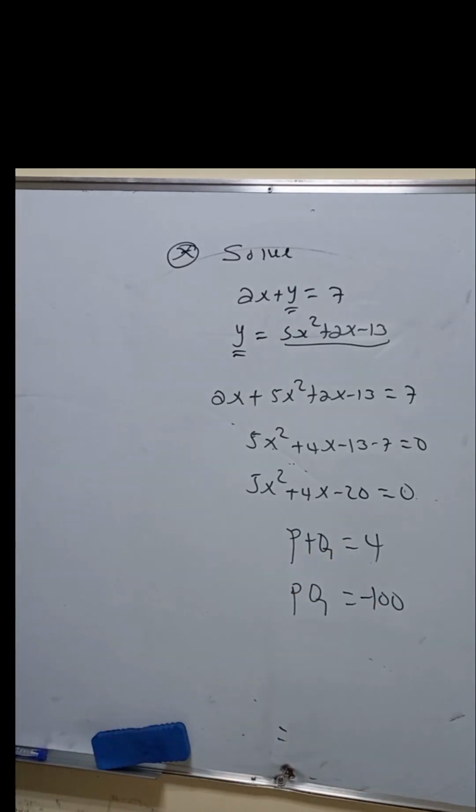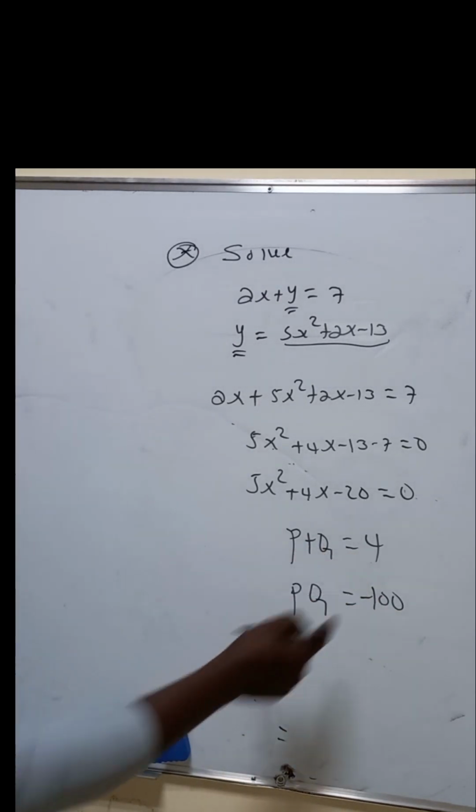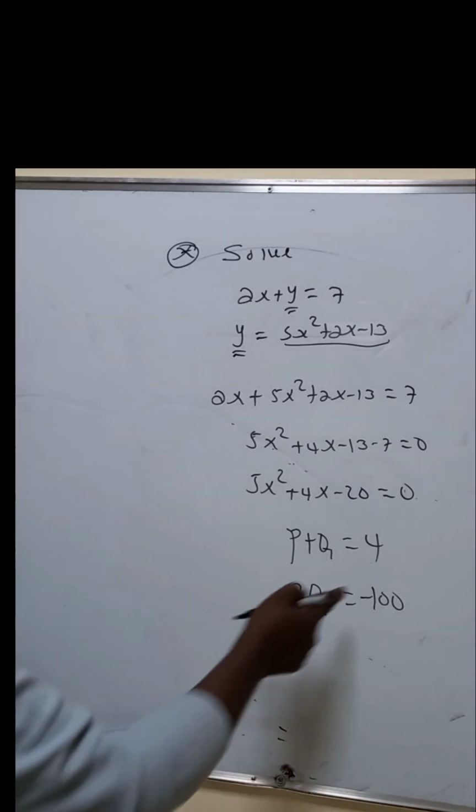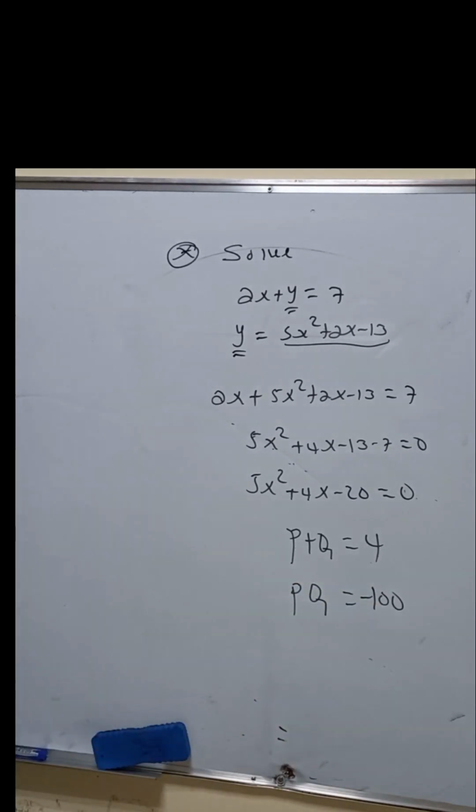So what are the numbers whose sum is this one and whose product is this one? In order to find these numbers, please try to think: the two numbers whose sum is 4 and whose product is negative 100. What are the numbers?